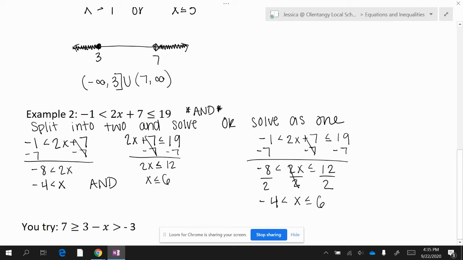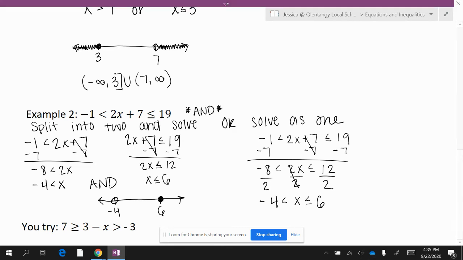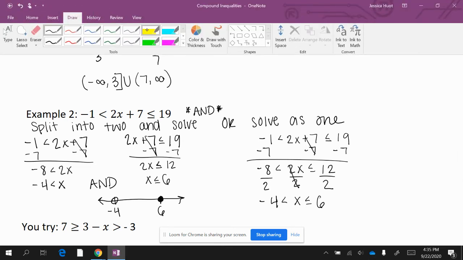And then if we go ahead and put this on a number line, we have negative 4 and 6, open circle, closed circle, and again we are looking for the overlap. So I'm going to go ahead and use my colors here just to show you.